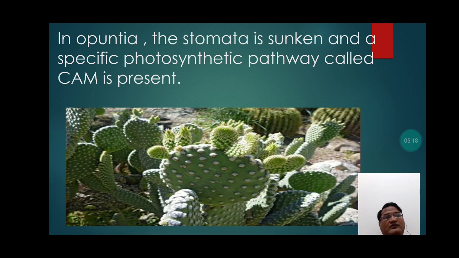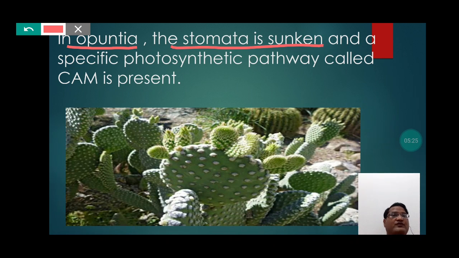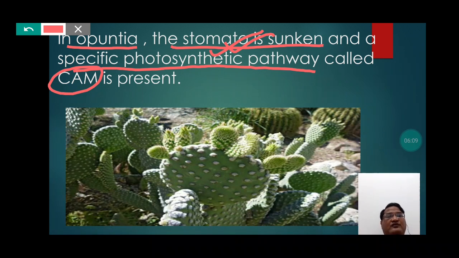Students, the stomata is sunken in the Opuntia because the temperature where the Opuntia are found is very high, and because of the extremely high temperature prevailing in the geographical region where the Opuntia is found, the transpiration rate is subsided by the sunken stomata, and a specific type of photosynthetic pathway takes place, which is called CAM.